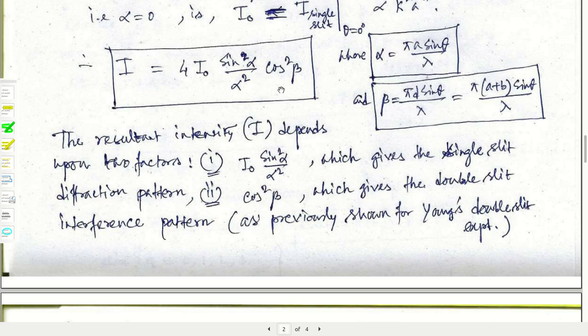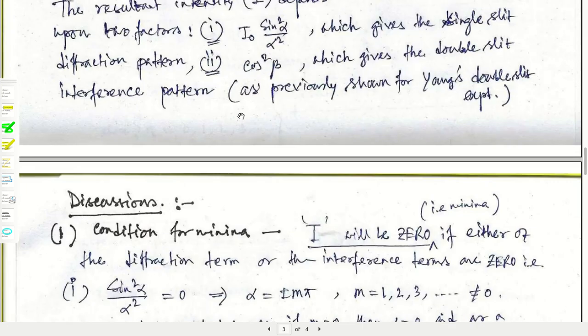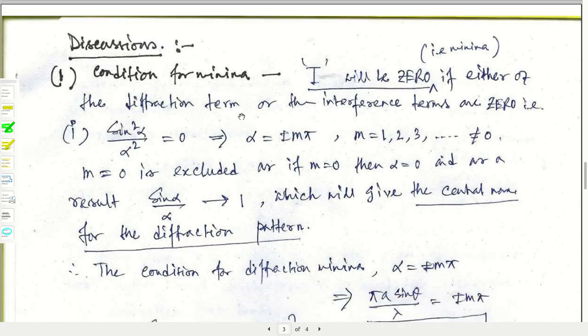If you want to understand it by graphical theory, I will describe it later, but first let's use simple algebra. Here the two terms are multiplied, so if one of them is 0, then the whole result will be 0. So interference minima or diffraction minima will produce the resultant minima. The first condition is diffraction minima, that is sin square alpha by alpha square equal to 0.